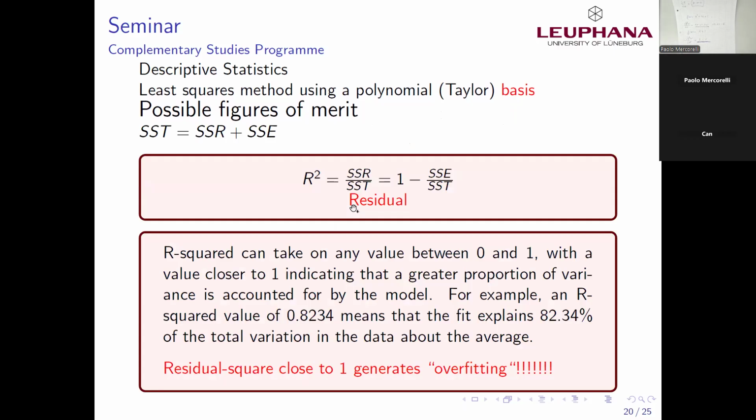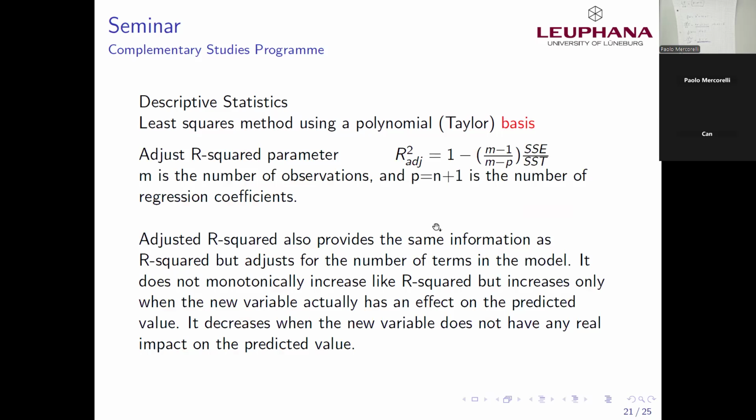R squared is, as I told you, SSR divided by SST, which can be seen in this form here. But this R squared is not a monotonic function with respect to n. You remember at the beginning I told you, I give you n. We will see in the next lecture how I can include n inside the optimization problem.